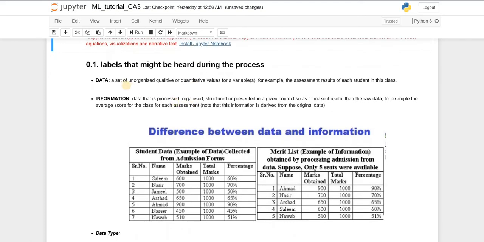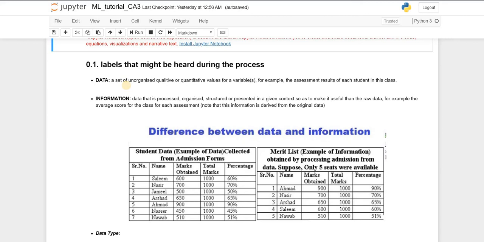So let's start. As I have said, labels that you might hear during the process. To be ready for actual machine learning and to have a better understanding of it, I would love to describe some labels such as data and information.